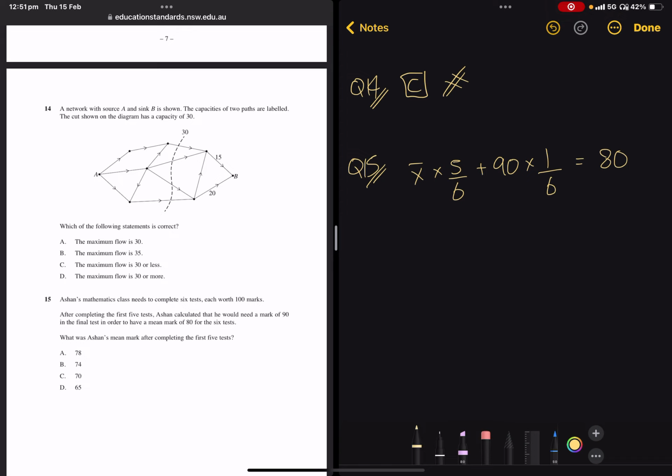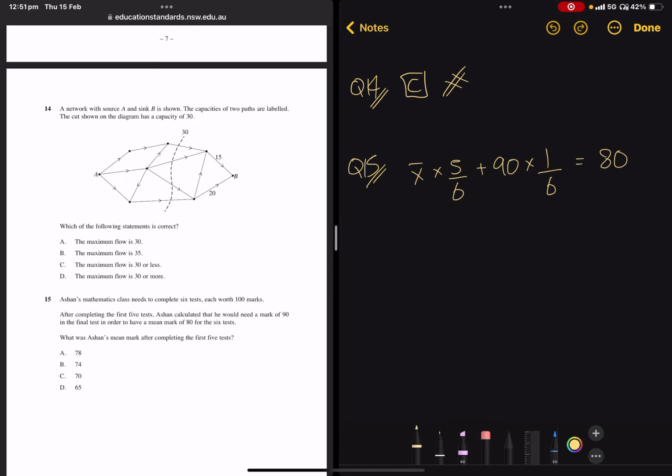Because we're taking an average across these 5, multiplied by 5/6, which is the number of tests, and that average will end up giving us an 80. So this is the kind of expression that we're constructing here. And we just need to solve this for x bar.